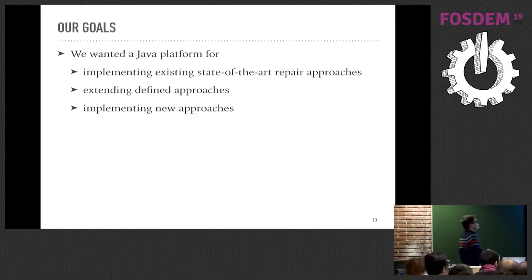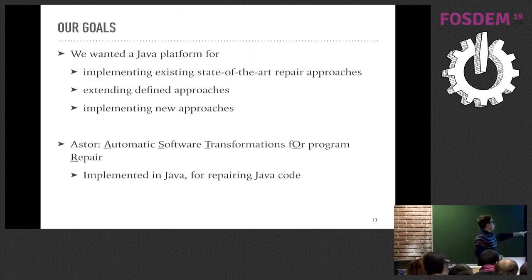Our idea was to implement the state-of-the-art repair approaches and also to provide some extension points to create new repair approaches. So we created Astor, whose name comes from automatic software transformation for repair.